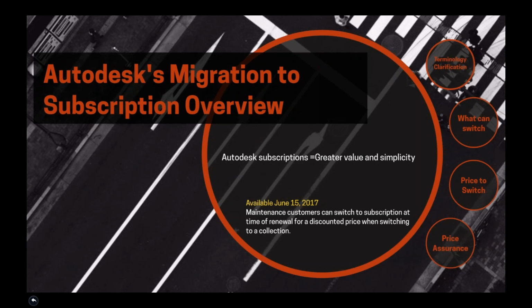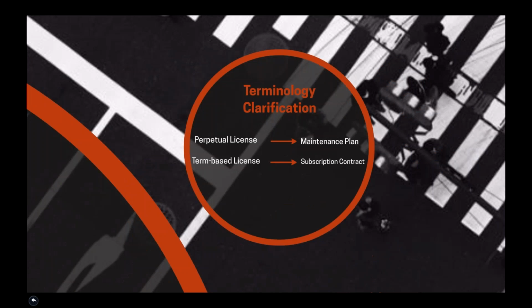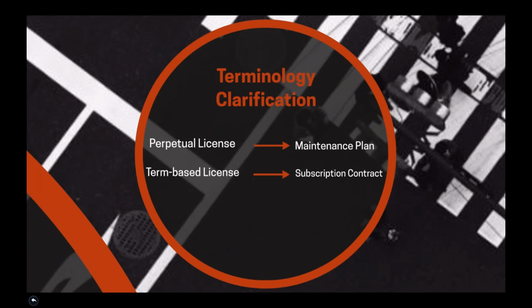At this point, a large percentage of the Autodesk customers are currently perpetual license owners that are on maintenance. Now, the term maintenance is noteworthy here because there's been significant confusion with some of the verbiage changes. A few years ago, maintenance was referred to as subscription. That terminology has since changed to maintenance.